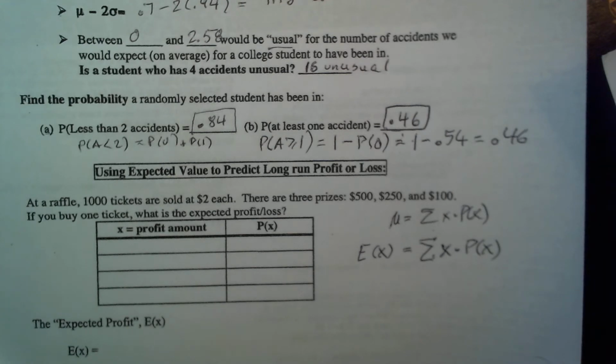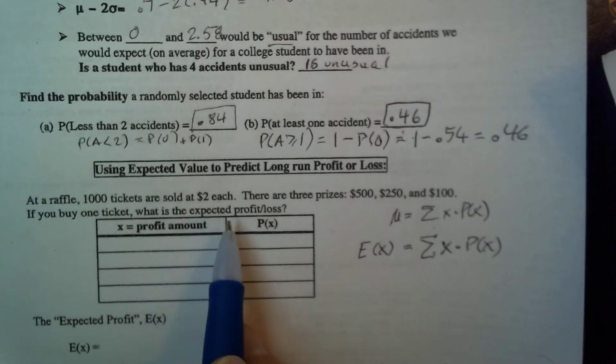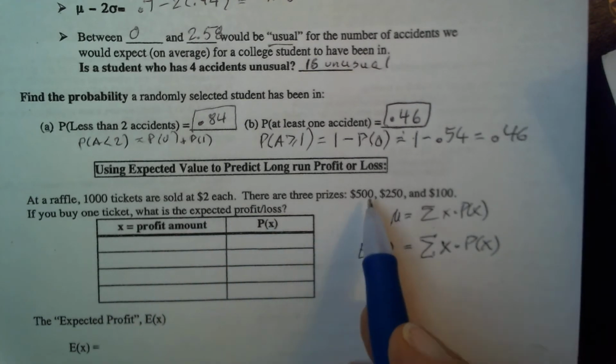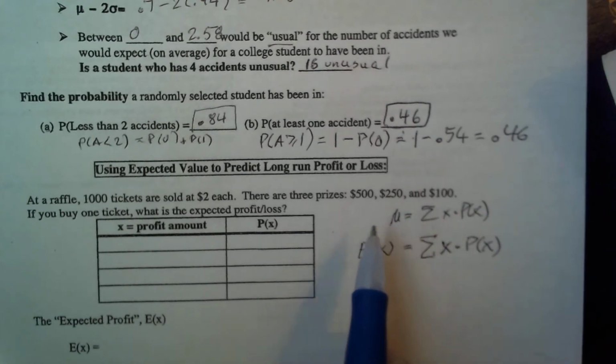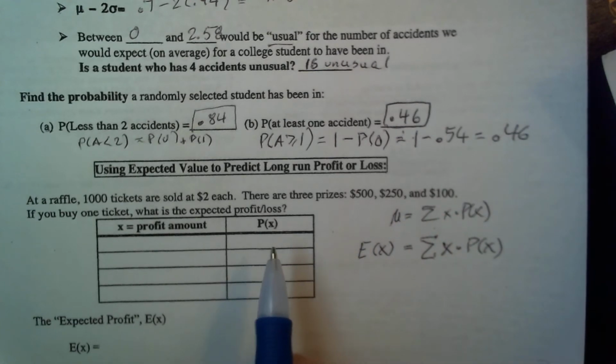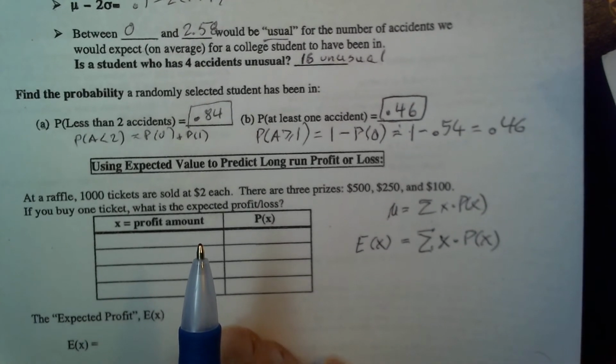Let's say at a raffle, 1,000 tickets are sold at $2 each. There are 3 prizes of $500, $250, and $100. If you buy 1 ticket, what is your expected profit or loss?